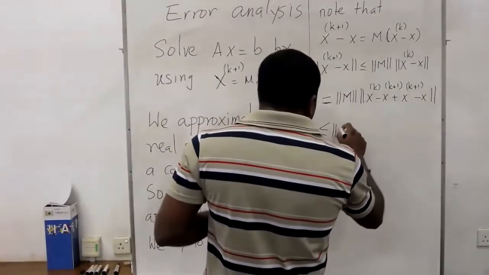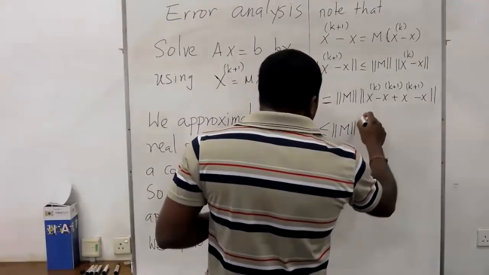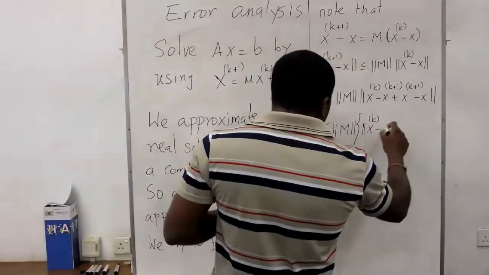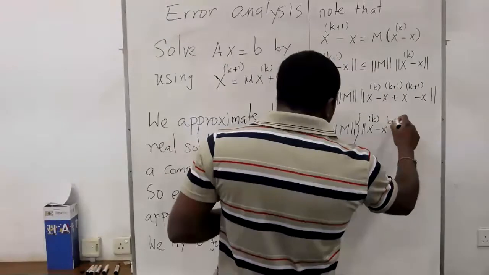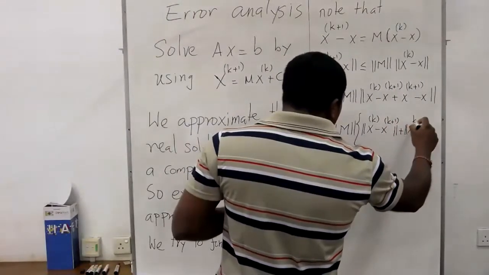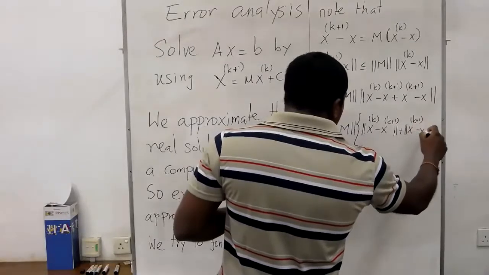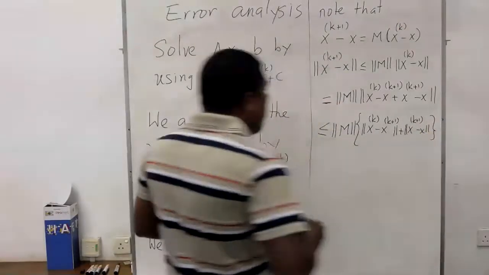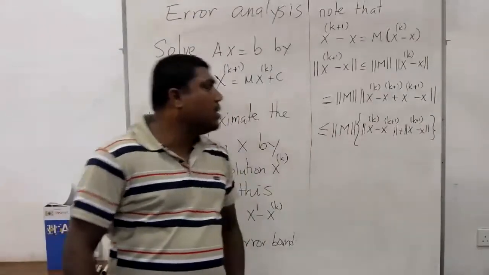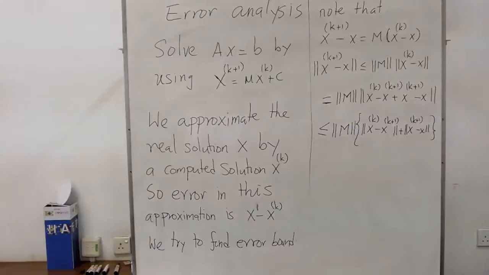Now what you do is you apply the triangle inequality. When you apply the triangle inequality, this is less or equal to norm of xk minus xk plus 1 plus norm of xk plus 1 minus x.